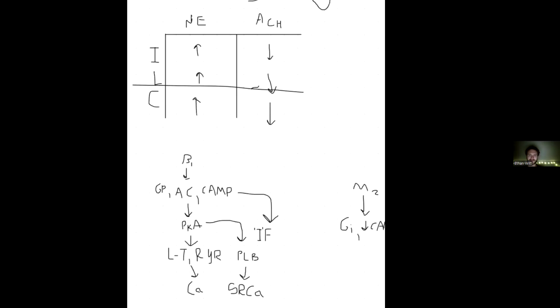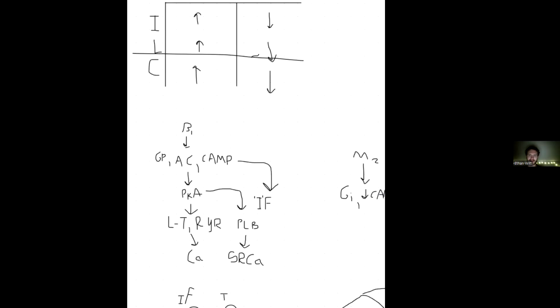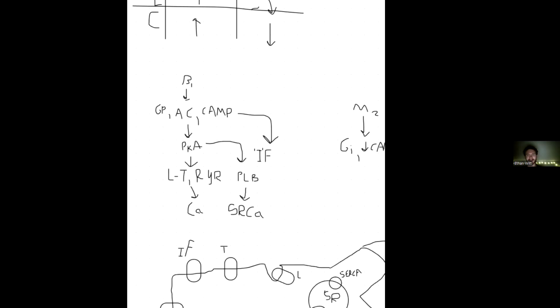So lusitropy is illustrated by the protein kinase A activating, I believe it was called phospholamban. I could be wrong, but there is a lamban, PLB, that's what this stands for. Protein kinase A activating, I'm just going to call it lamban, leading to an increase of calcium reuptake in the sarcoplasmic reticulum.